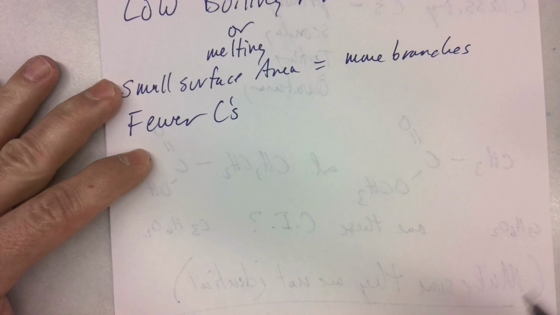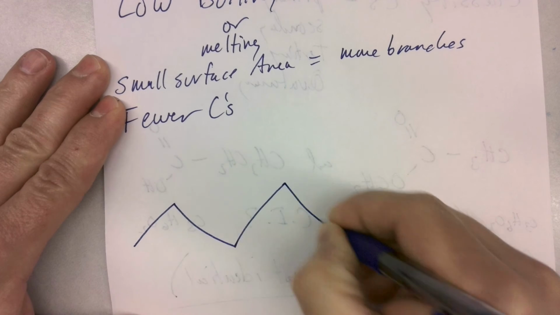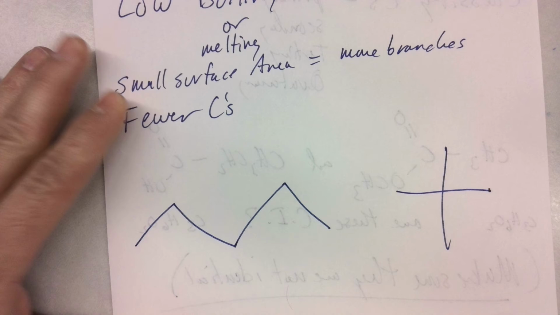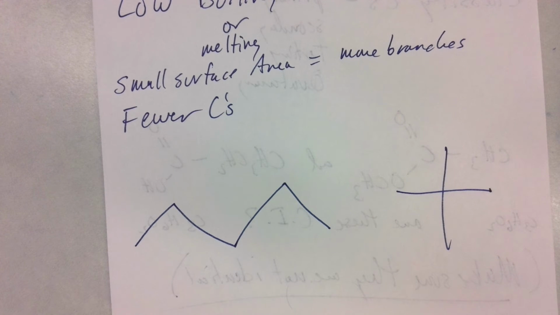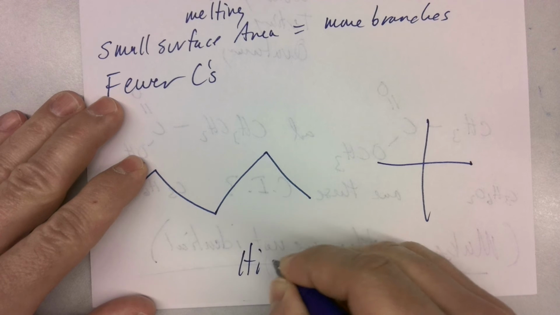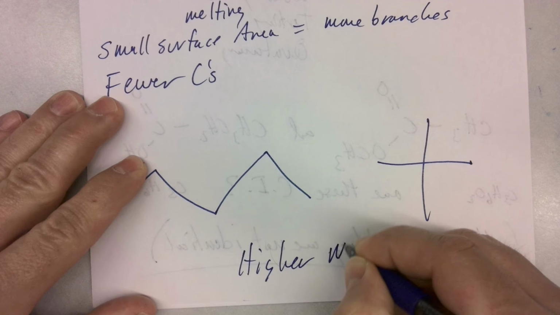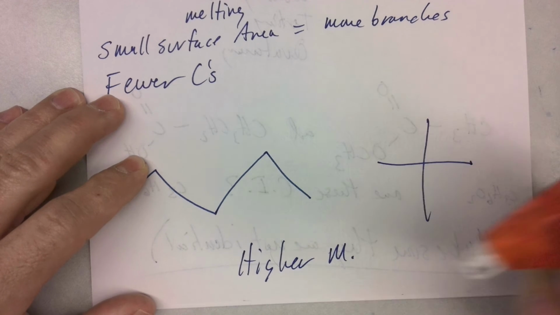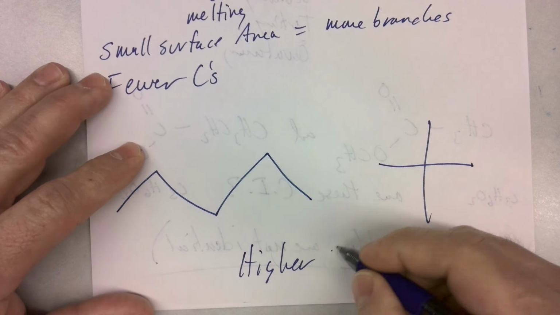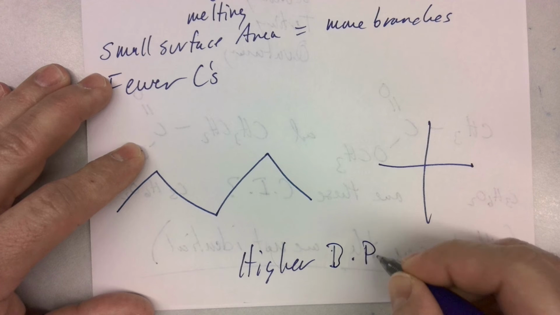So it's something like this. Let's say I did those 2, and I asked which one has the higher boiling point. Let's not do melting, because most of these are already liquids.